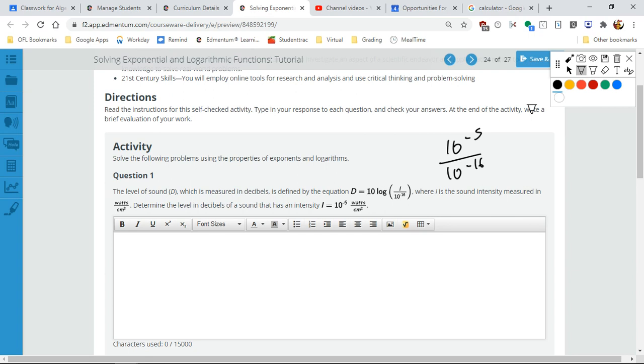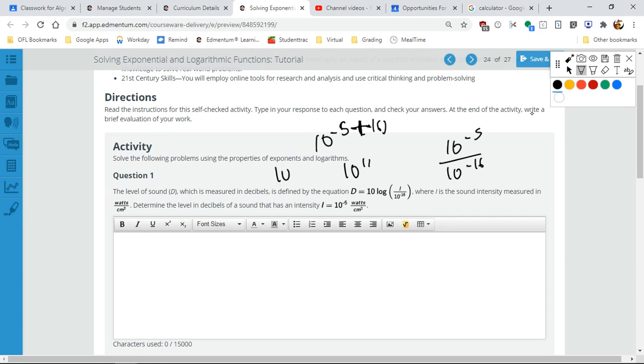We can use what we know about exponents to know that we're subtracting here. So this is the same thing as saying 10 to the -5 minus the -16. We're doing subtraction because it's on the bottom. So this ends up being 10 to the 11, because negative and negative turn into a plus sign.